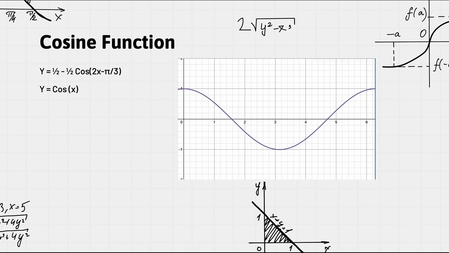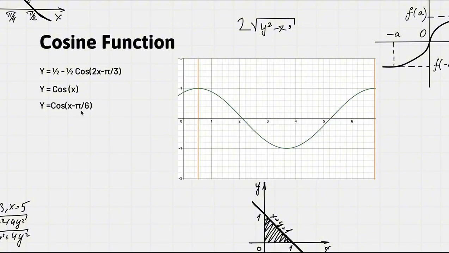So I know it says minus pi over 3 there, but because we have this 2x right here, it messes with our shift, and we have to factor it out. So really, we're going to have a shift of minus pi over 6, which we can see here with this line, kind of marking pi over 6, and that we've shifted to the right.